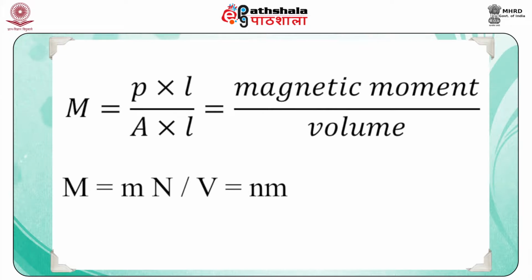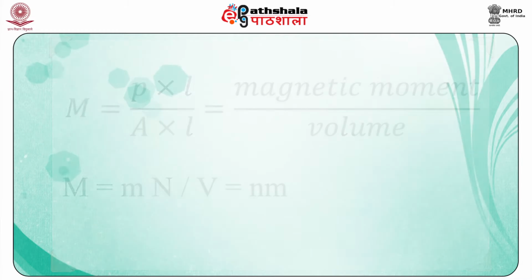The quantity N by V is usually written as small n, the number density of magnetic moments. M is measured in amperes per meter in SI units. Thus, magnetization may be alternatively defined as magnetic moment per unit volume.